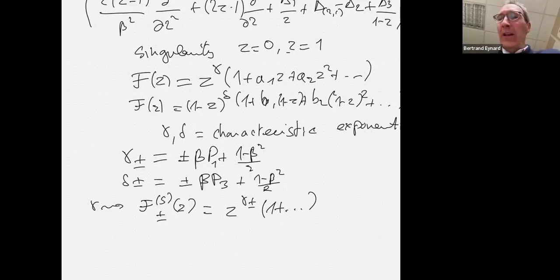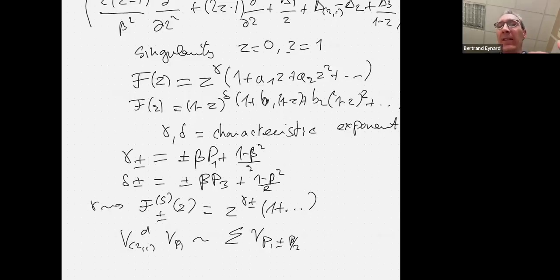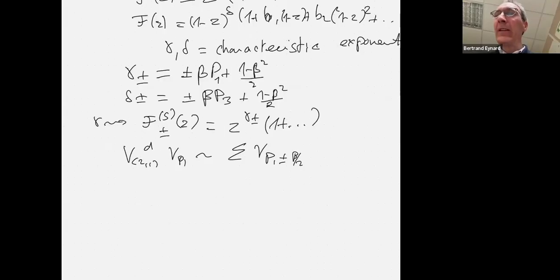If you remember, you had two terms in this operator product expansion corresponding to the two primary fields, P1 plus minus beta over 2. This solution, f plus, corresponds to taking just VP1 plus beta over 2 and all its descendants. If you do the sum of all these things in your 4-point function, you will find the solution f plus. And if you do it for the primary field P1 minus beta over 2, you'll find the solution f minus.